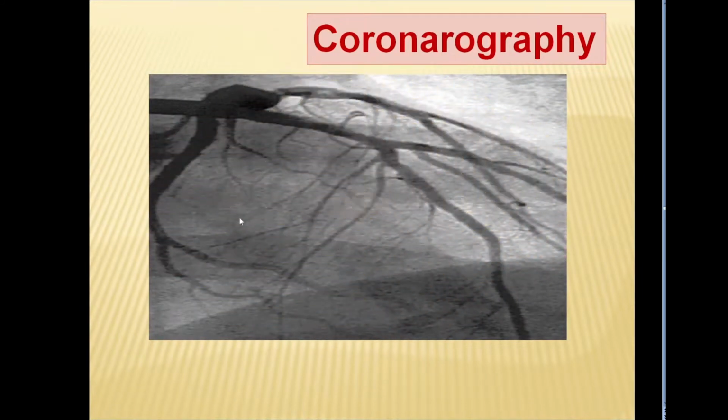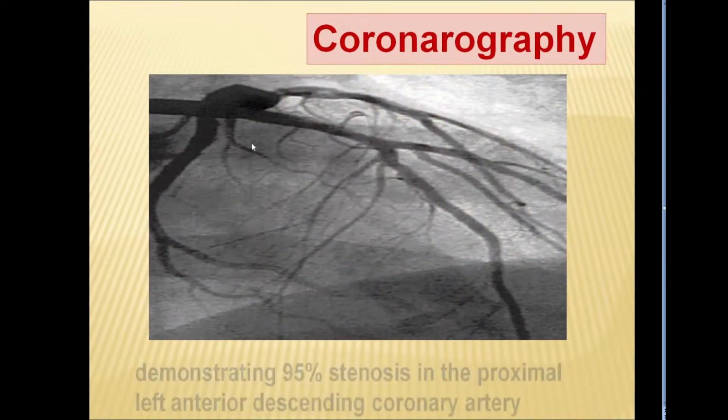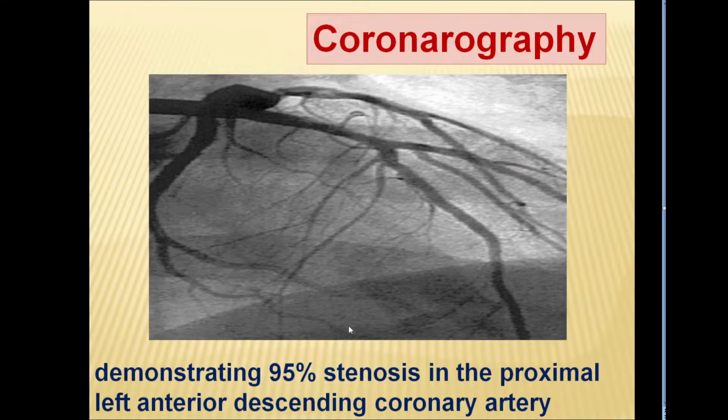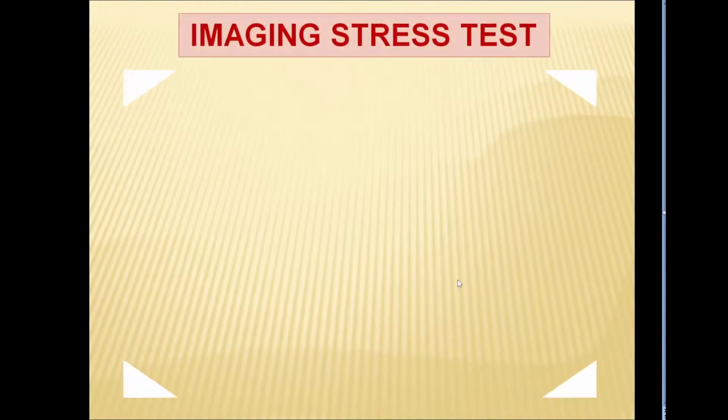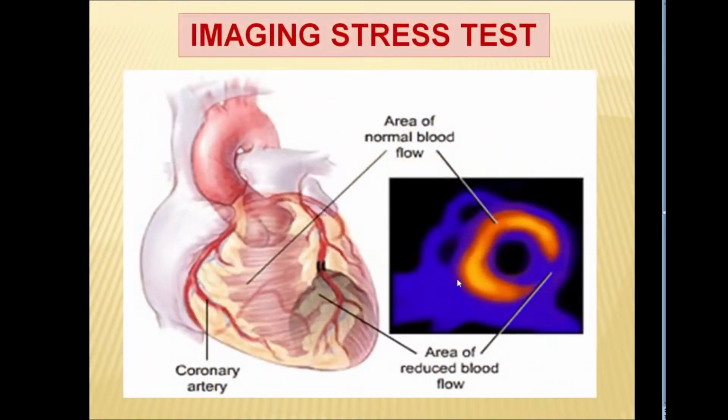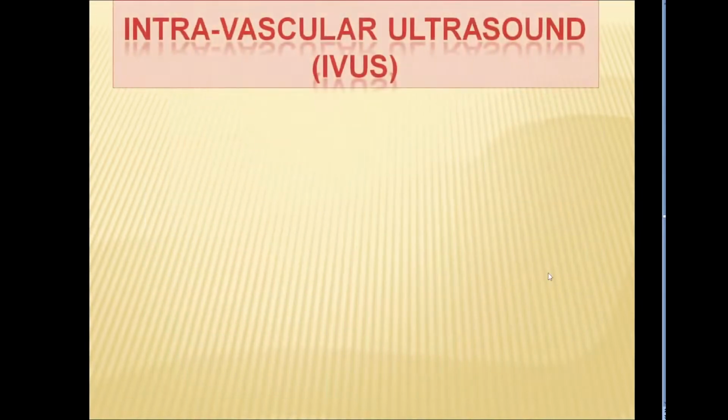Coronarography reveals narrowing of coronary arteries. You see in this patient the coronary artery is diminished by 95% and blood flow significantly restricted. This patient needs specific surgical correction. The same problem we see on imaging stress test. We see an area with reduced blood flow, colored with blue color.